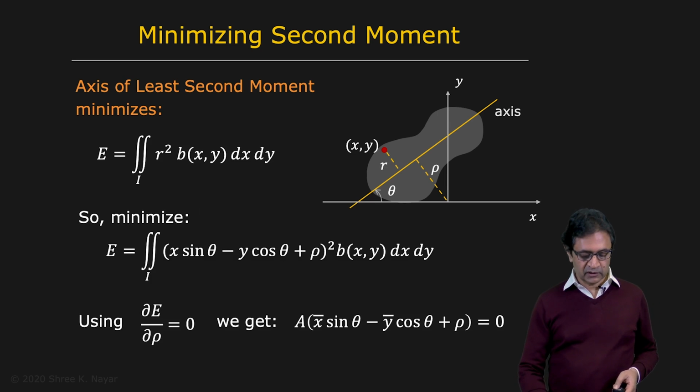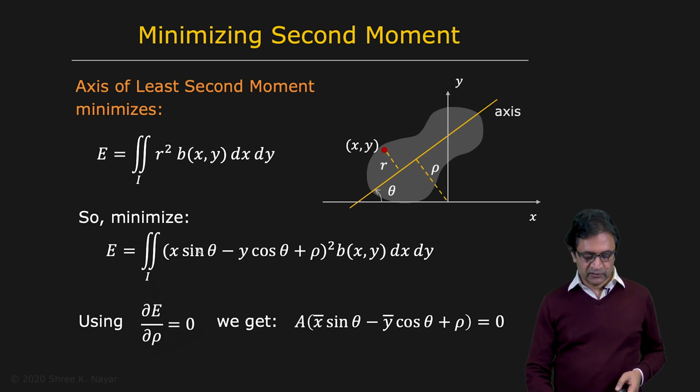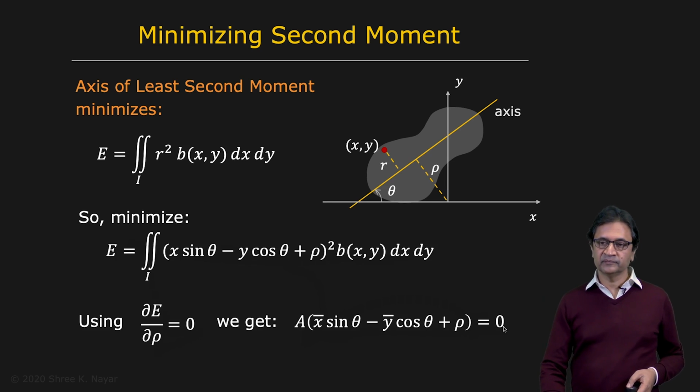So we're going to find the derivative of E with respect to rho and set it equal to 0. When you do that, you simply take the derivative inside, apply it, set it equal to 0. When you write it out and look at it, you get a very simple expression, which is the area multiplied by all of this, and all of this is nothing but x bar sine theta minus y bar cosine theta plus rho equal to 0.